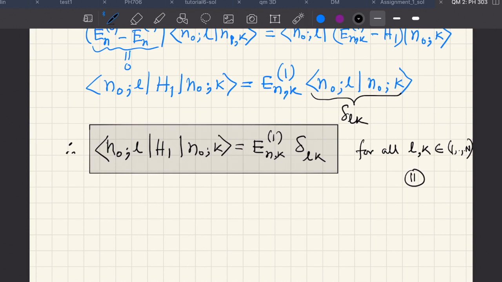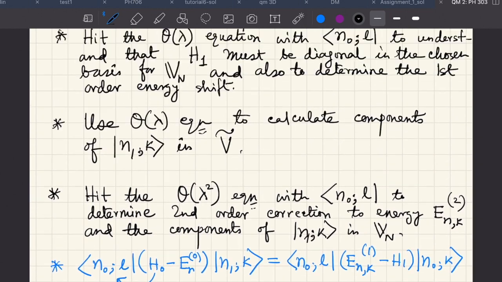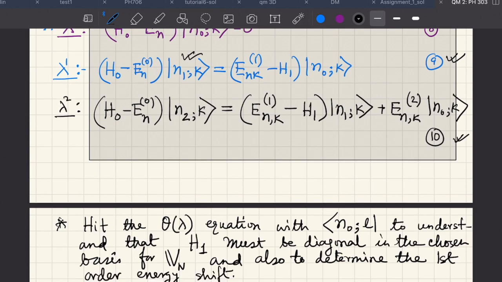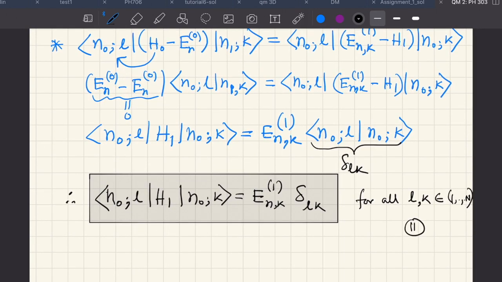If you want the equation up to the order lambda to hold, that means if you want equation 9 to hold, it had better be that H1 is diagonal in the basis that you are using here.